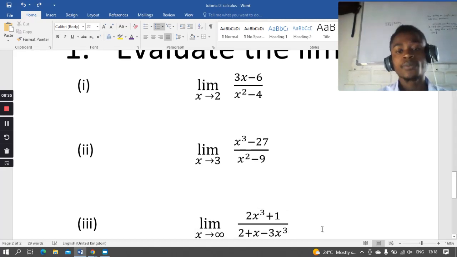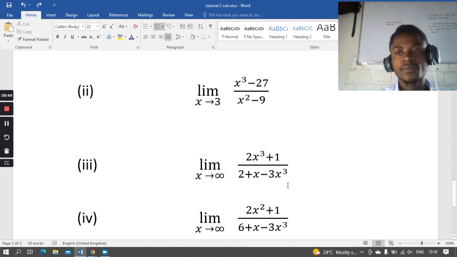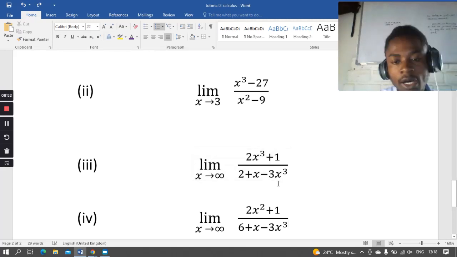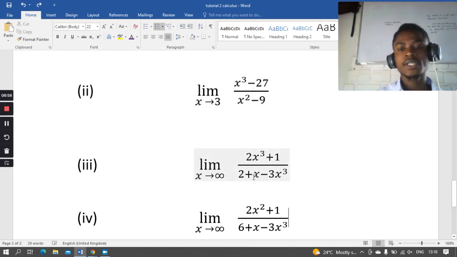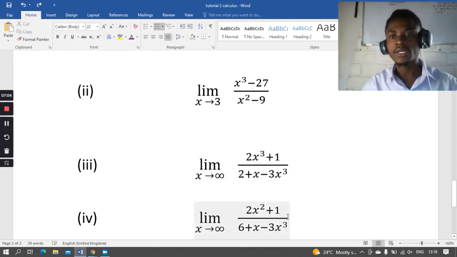So the third question says limit as x approaches infinity. This x of ours is approaching infinity. So this one is an infinite type of limit, and the other one is also infinity.